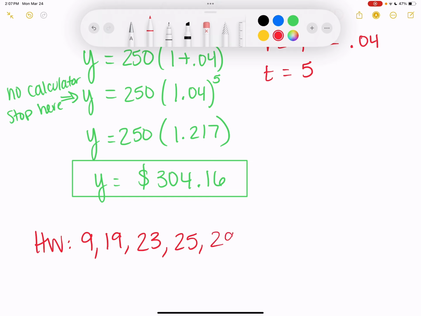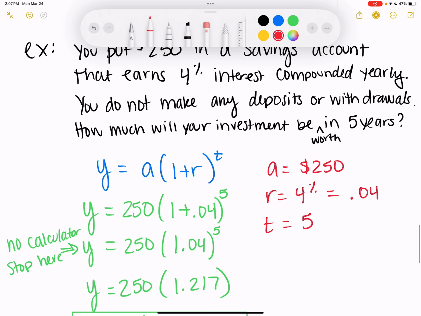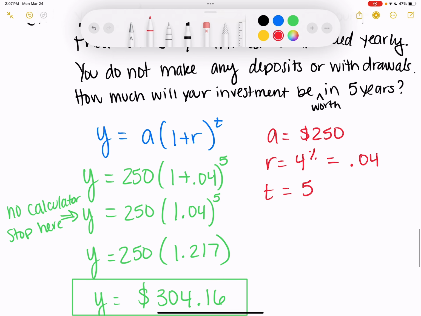And then on the word problems, number 38, I just want you to do B and D. If you want to do the others, that's fine, but that's all you need to do. 38 is a word problem just like this one. It's a different interest rate and a different starting amount of money. And then B is 2 years, D is 20 years.